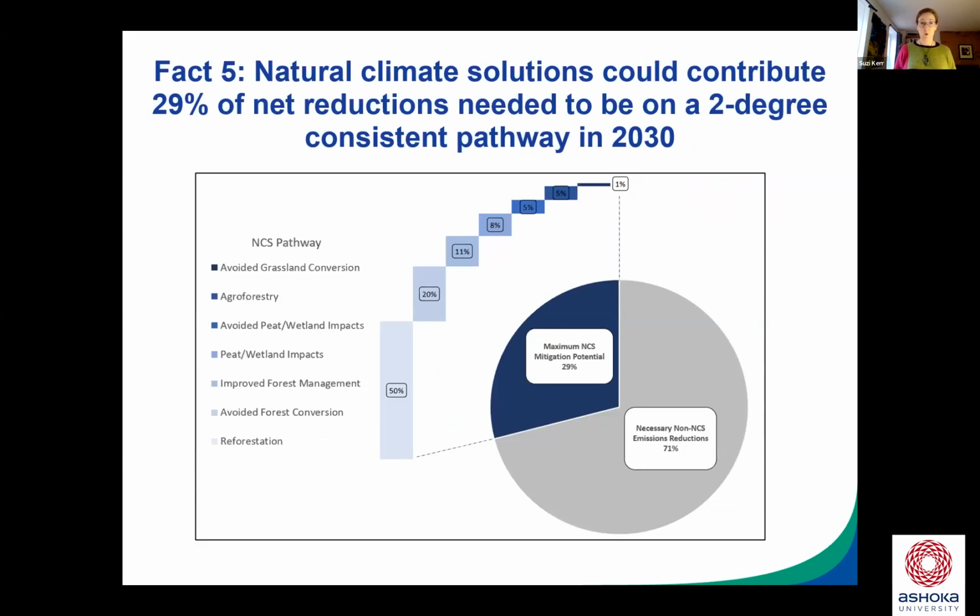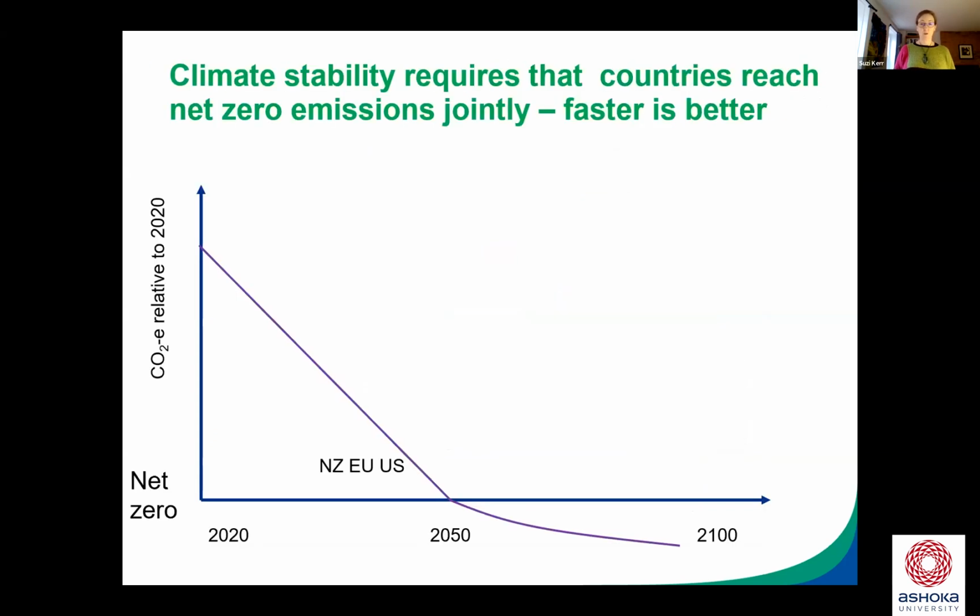They're not a prediction of what will actually happen. A lot of this is avoiding tropical deforestation, but it also includes a number of other pathways. So we know that to get climate stability at a temperature change that is something that humans can thrive at, requires that the countries reach net zero emissions jointly.